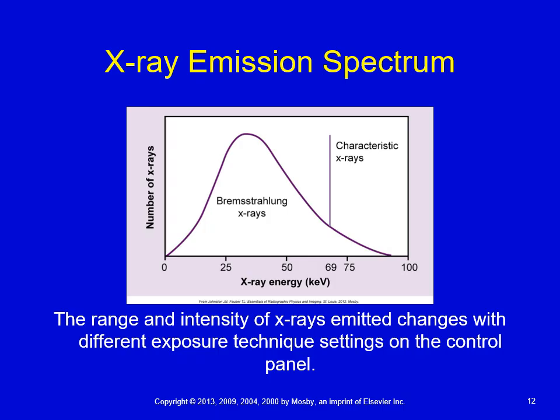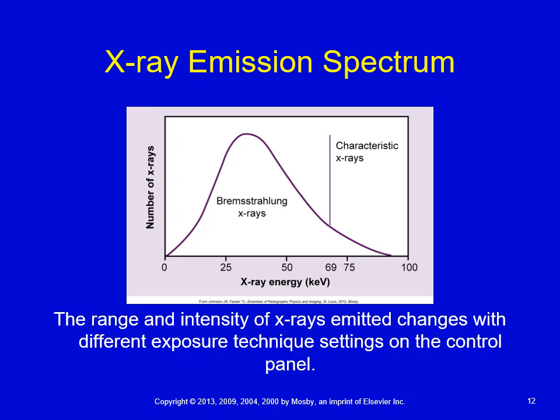There are approximately 15 different levels depending on which book you look at. Do a little bit of research to look at these emission spectra separately: the whole emission spectrum together like we see here, and some books will show you what the Bremsstrahlung or continuous spectrum looks like by itself, and what the characteristic spectrum looks like by itself.